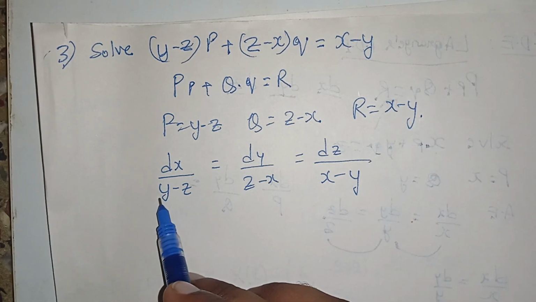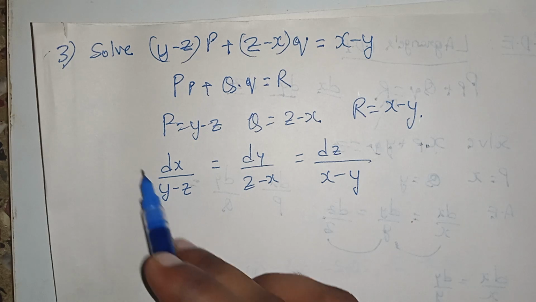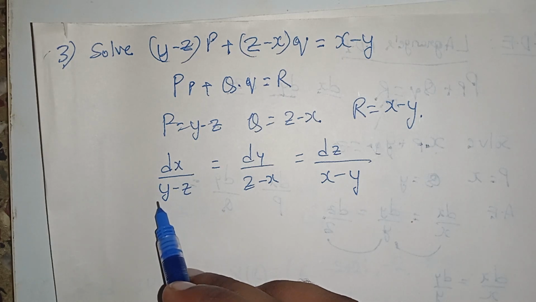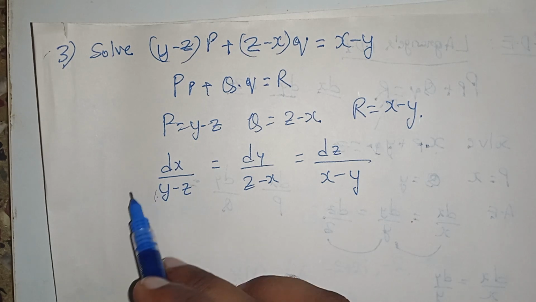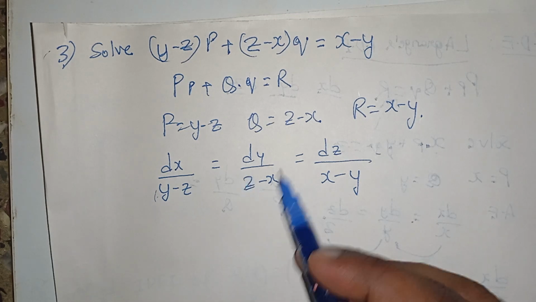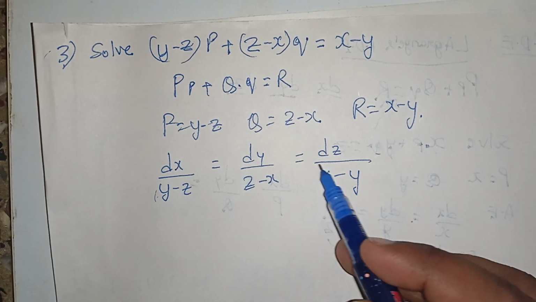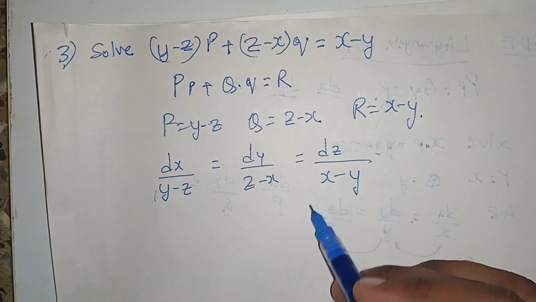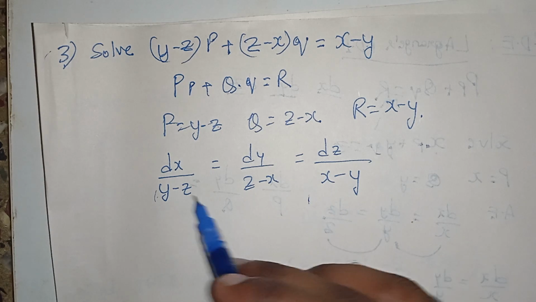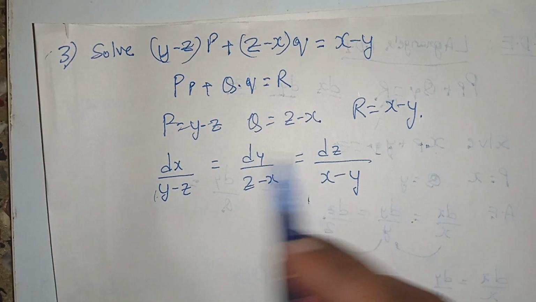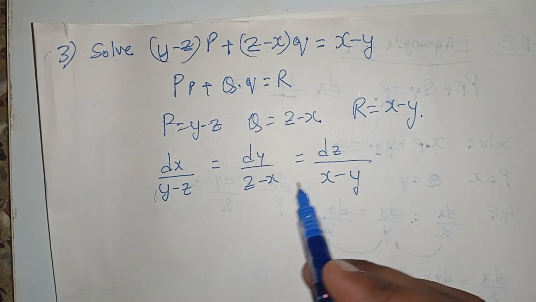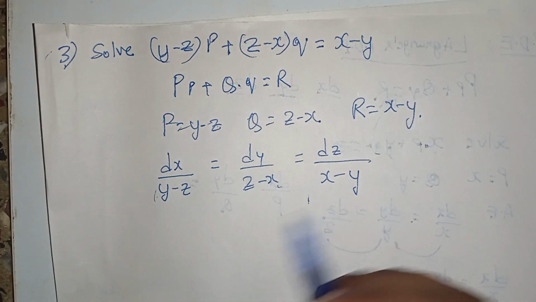So I should multiply terms to each ratio in the denominator. That means y minus z, I should multiply a number, z minus x, I should multiply a number, x minus y, I should multiply a number. The same number has to be multiplied in the numerator and added. So I should choose in such a way that the denominator will be 0.